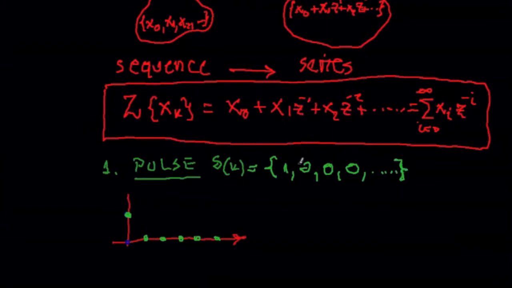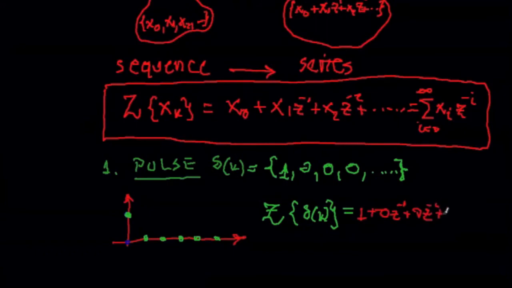It's an infinite series, but the first entry is 1. So what is the Z-transform of delta k, the pulse function placed at 1? We have 1 plus 0 z minus 1 plus 0 z minus 2 plus and so on. So finally we just have a 1.